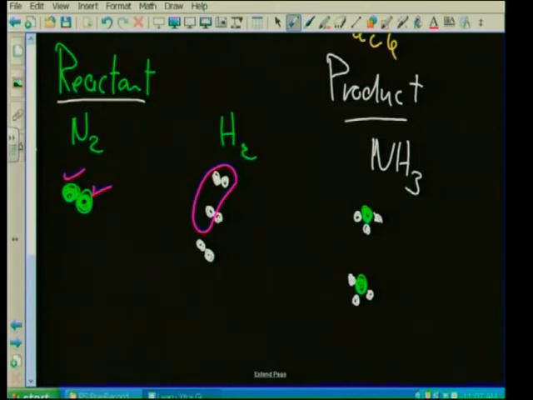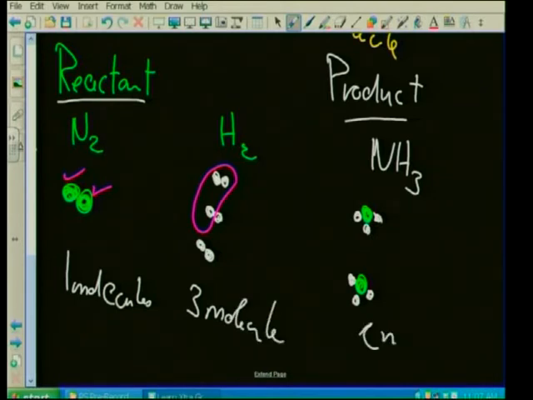The number of molecules, I started with 1 molecule of this, I started with 3 molecules, and I've ended up with 2 molecules. Now please note, the mass will be the same. It makes sense. The mass of the reactants will be equal to the mass of the product. The conservation of mass has to be illustrated.